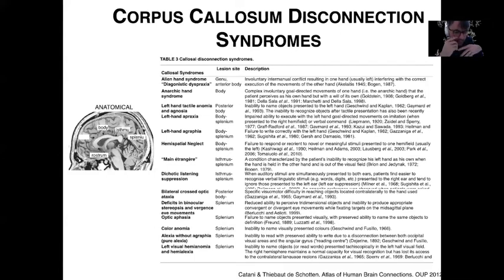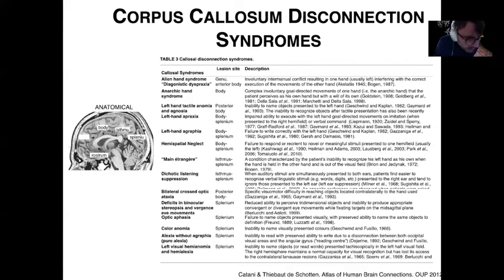Same thing in the splenium, you can have color anomia, which is not an achromatopsia, so they're still able to discriminate colors and say that they are different, but they will not be able to name visually the colors that are presented.